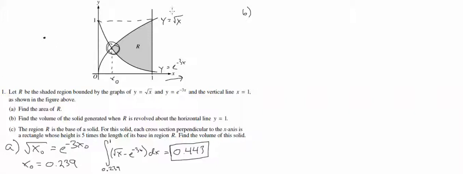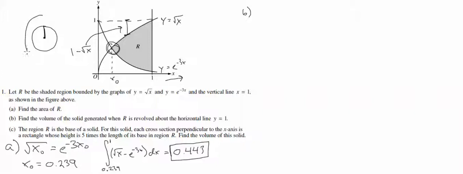Well, then when we revolve the curve y equals square root of x around that line, we just get a circle. And the radius of that circle is the difference between the curve y equals square root of x and 1. So that value is just 1 minus square root of x. Likewise, when we revolve the curve y equals e to the negative 3x around the line y equals 1, the axis of rotation, we get another circle.